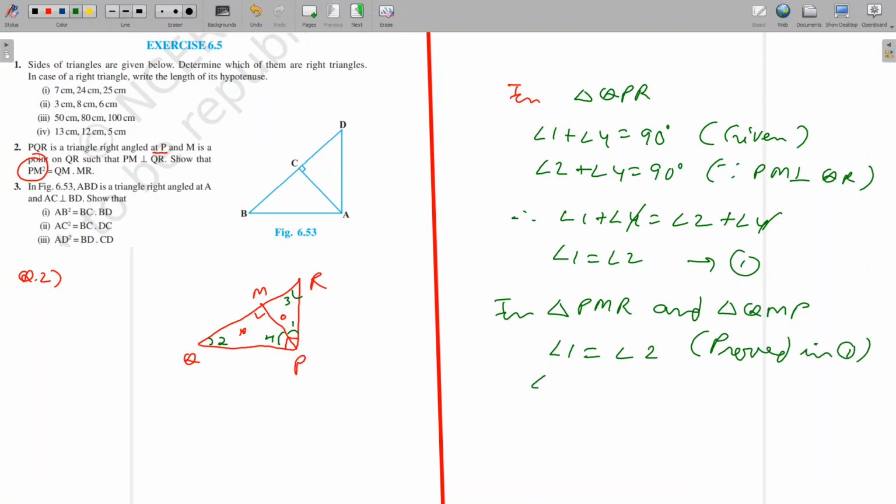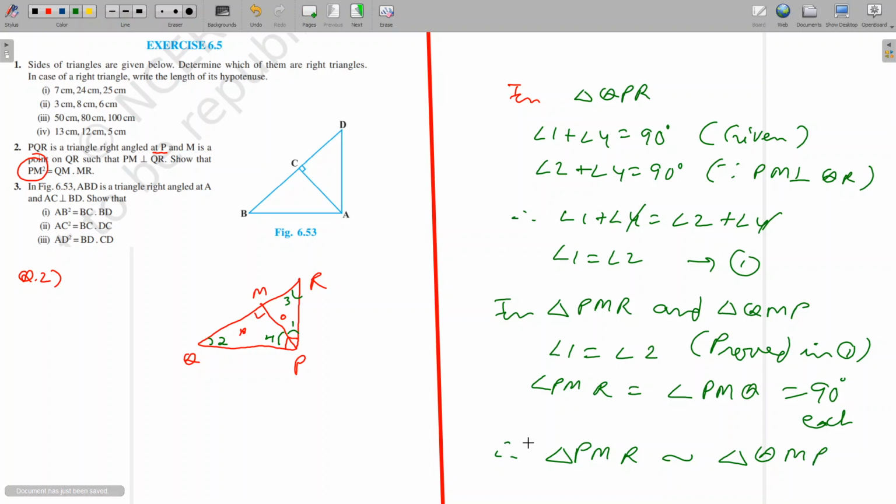Then angle PMR is the same as angle PMQ, both being 90 degree each. Therefore, we can say that triangle PMR is similar to triangle QMP. And what is the rule? The rule is the angle similarity rule.